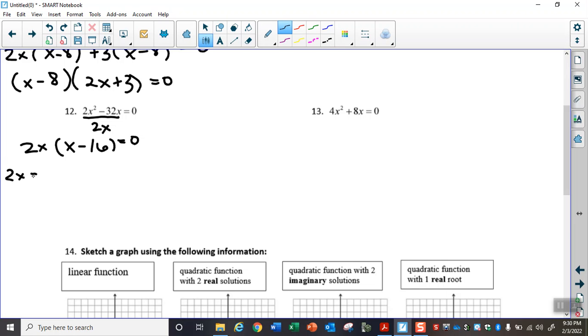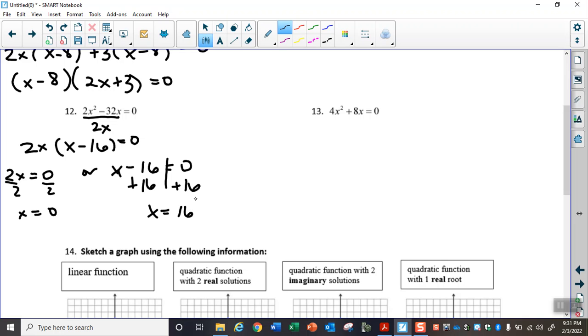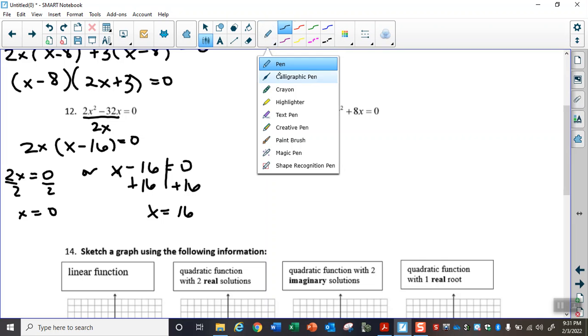So you have 2x equals 0, or x minus 16 equals 0. Divide out the 2, so x equals 0. Actually, an x is a separate factor, so you could say, well, 2 can't be 0, but x could equal 0, and then this could equal 0. So you think of it that way too. So x equals 16. So those are my two solutions there.